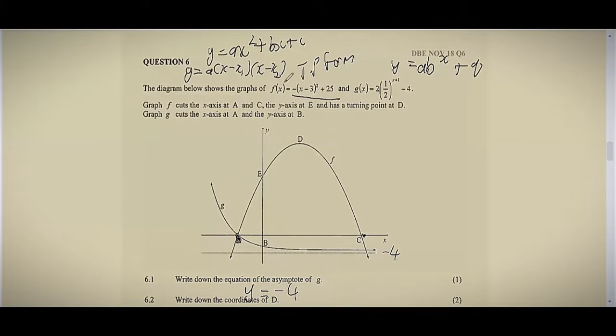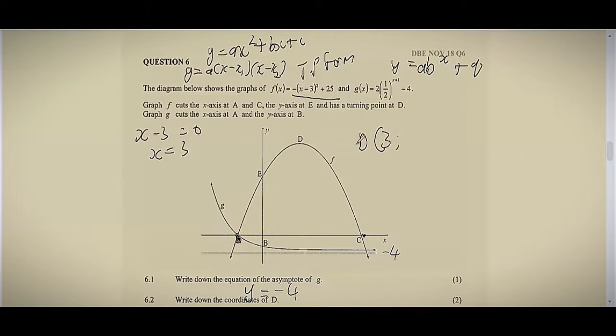Since we said this format is the turning point form, from that format we can get the x-coordinate and the y-coordinate of the turning point. If we have x - 3 here, we know that we must straight out write this as a positive, because it's more like we are taking the contents of the bracket and equating to 0. So our x-coordinate becomes 3.